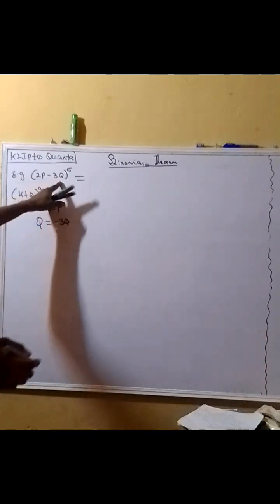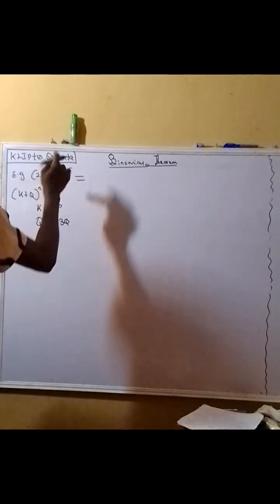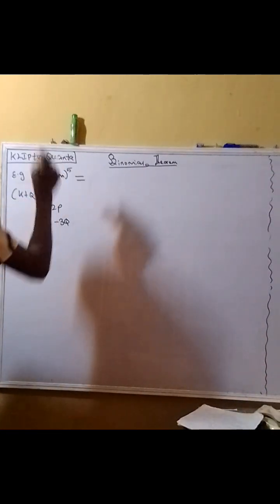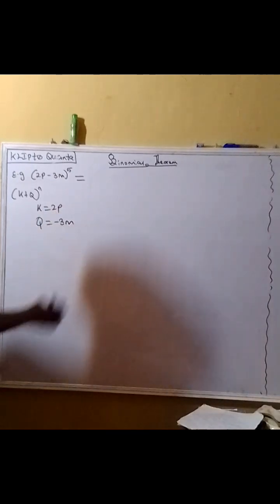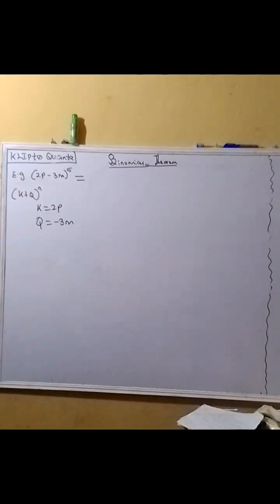Because of this, let me even change the value so that it won't look funny. Let's say minus 3m, so q will signify minus 3m.